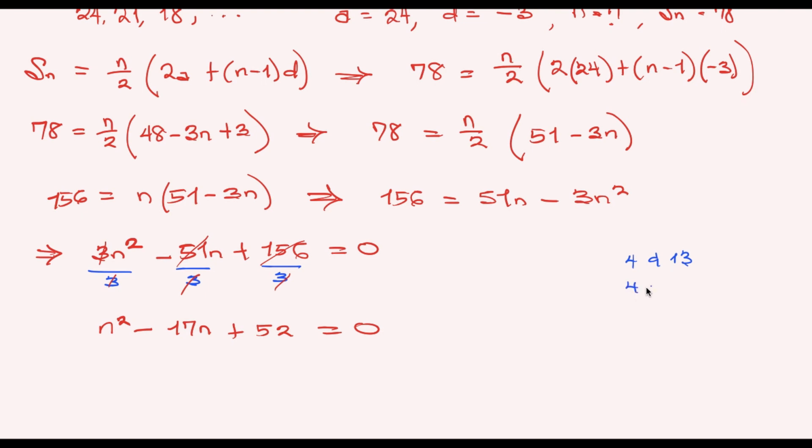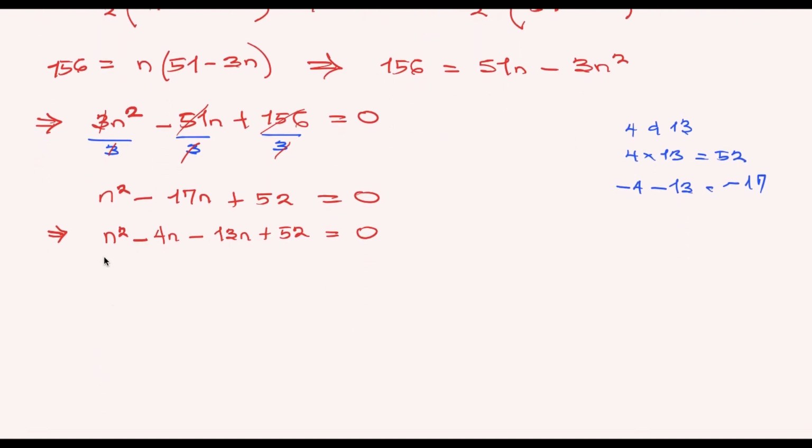So 4 times 13 is equal to 52, but when we have minus 4 minus 13, this is equal to minus 17. So we can substitute minus 17n here for minus 4n minus 13n. So now we have that our quadratic equation is n squared minus 4n minus 13n plus 52 equals 0.